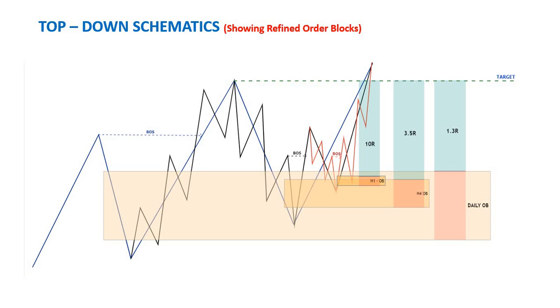You may notice that the 4-hour time frame and the 1-hour time frame are not distributed across the entire structure. This is simply for the purpose of clarity.